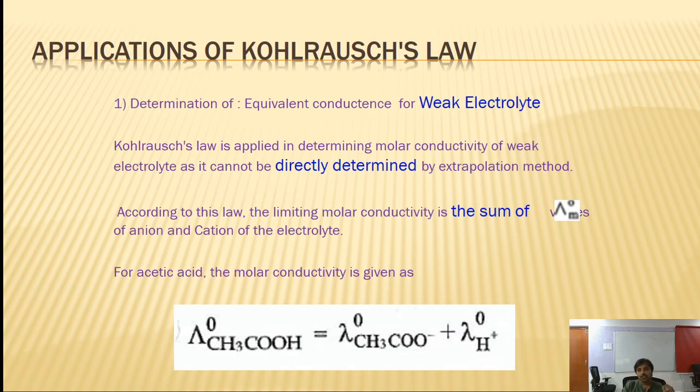Even strong acids and strong bases get dissociated to a greater extent. So strong acids, strong bases, and salts formed by strong acids and strong bases are considered strong electrolytes, whereas salts formed by weak acids and weak bases are considered weak electrolytes.